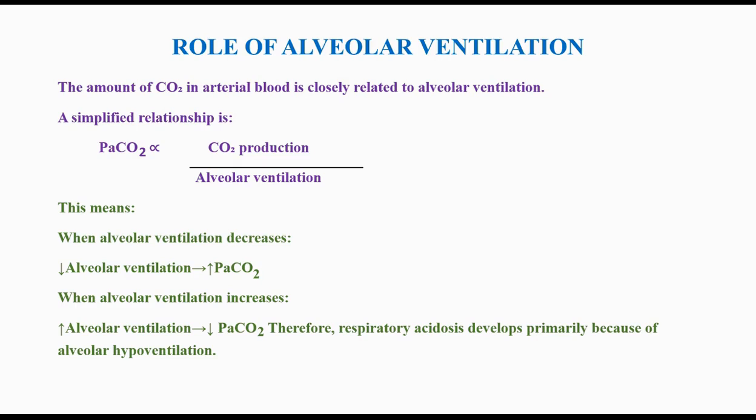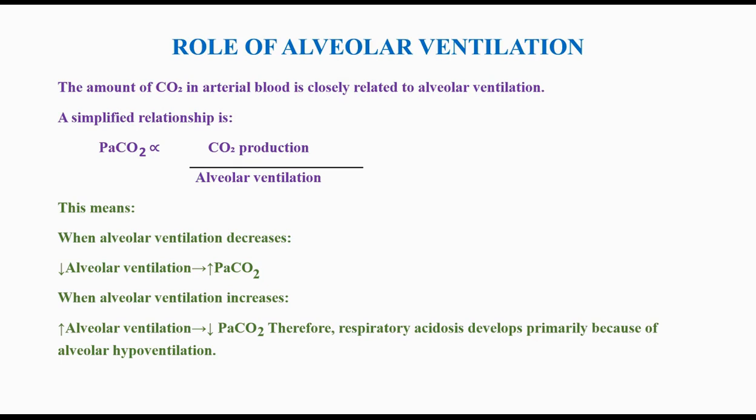Similarly, disorders affecting the respiratory muscles, chest walls, airways, or lungs may reduce effective alveolar ventilation even when the respiratory rate appears normal. Therefore, respiratory acidosis develops when effective alveolar ventilation becomes insufficient to eliminate the carbon dioxide produced by cellular metabolism.